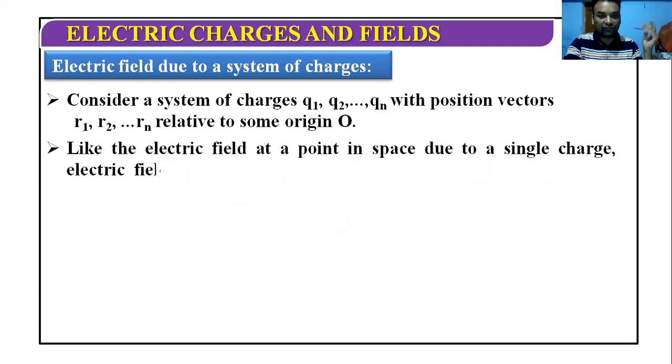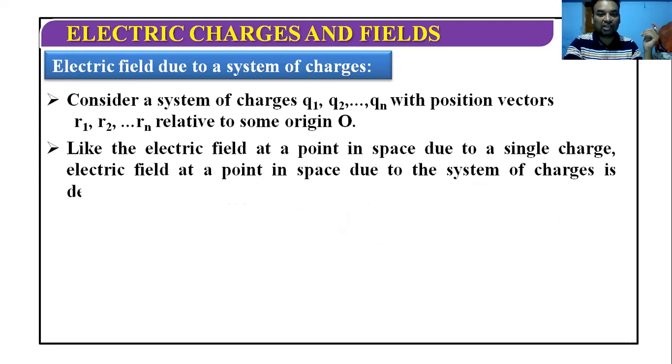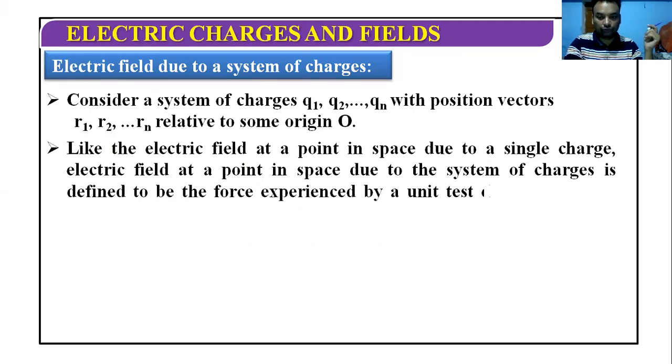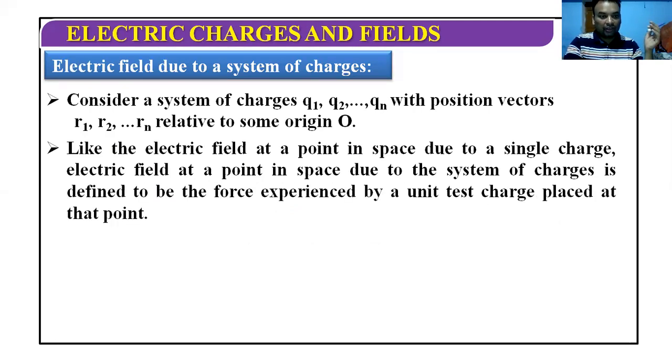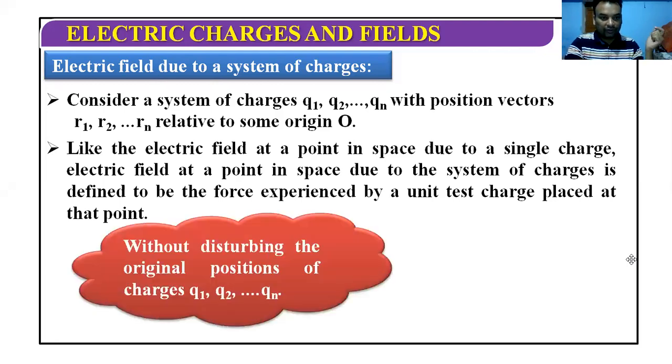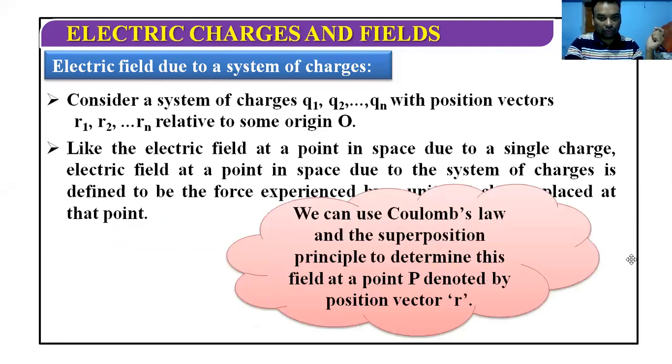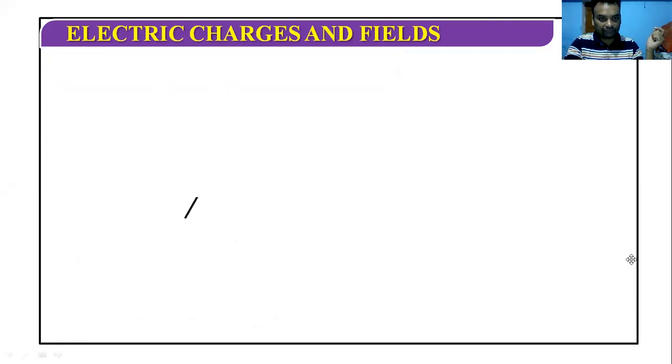So consider a system of charges having charges q1, q2, qn with the position vectors r1, r2, rn relative to some origin. This will be clear with the help of the diagram. So let me go to the diagram first.